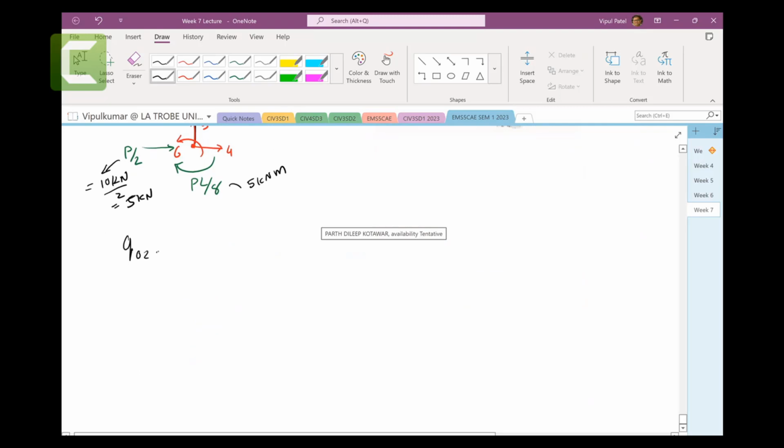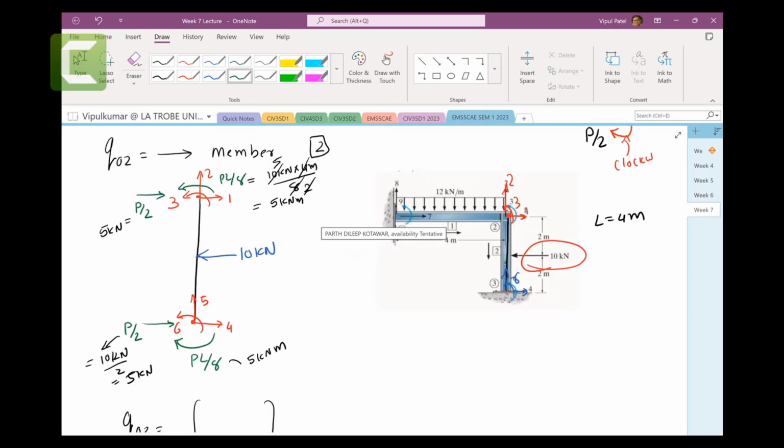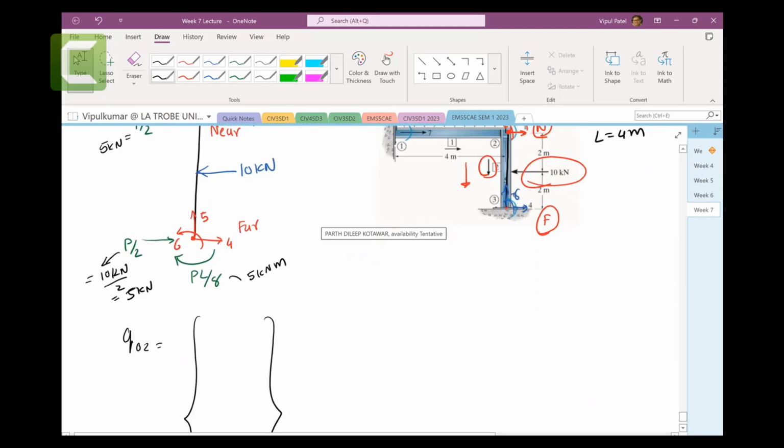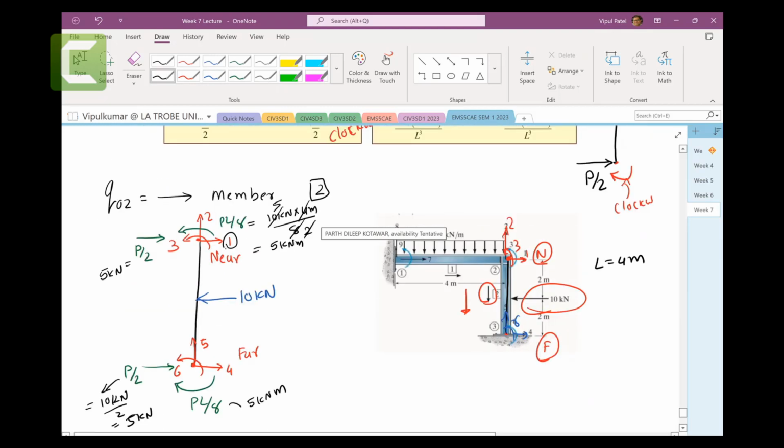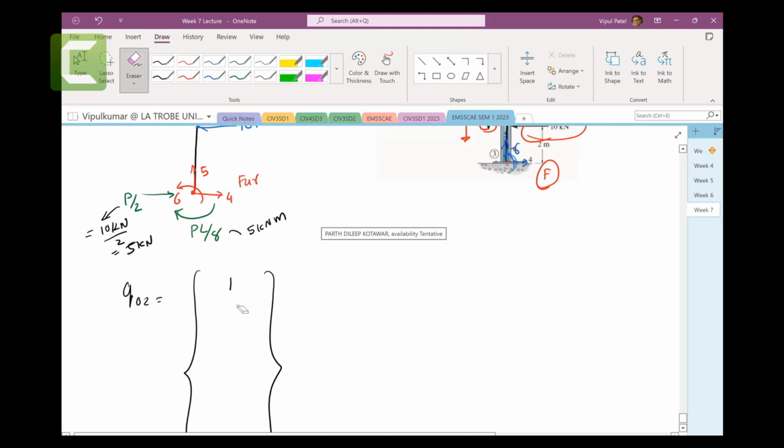So the Q02 you're going to get is with the same philosophy, saying that we have this arrow. This arrow is telling me this is the near node, this is the far node. So first we're going to do the near one, and near has x 1, y is 2, and 3 rotation. So no, sorry, 1, 2, and 3.